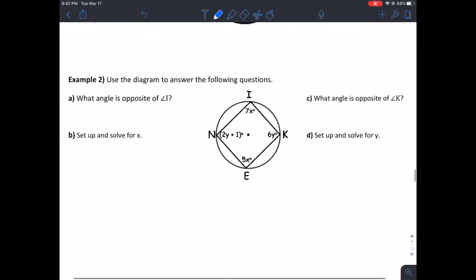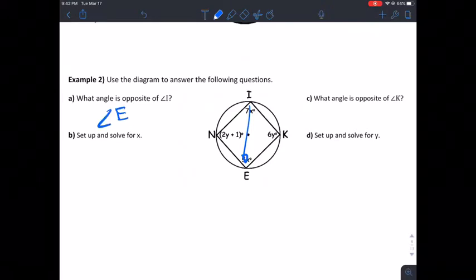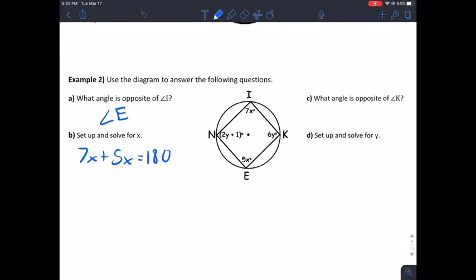All right, next one. As you can see, these are going to start to get a little bit more complicated. For this first one, it says, what angle is opposite angle I? Opposite angle I, we get angle E. Now it says set up and solve for X. We know that 7X plus 5X need to equal 180.